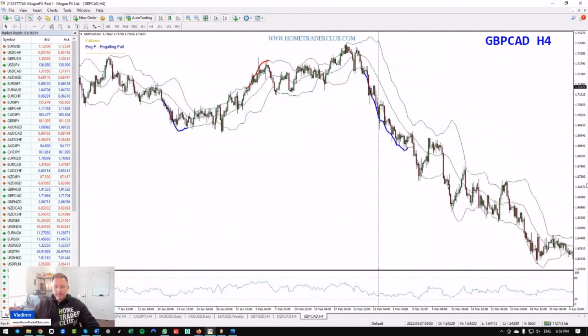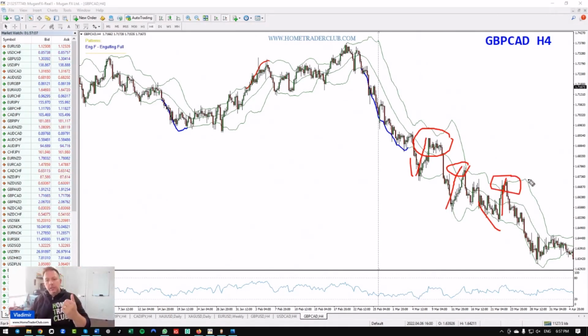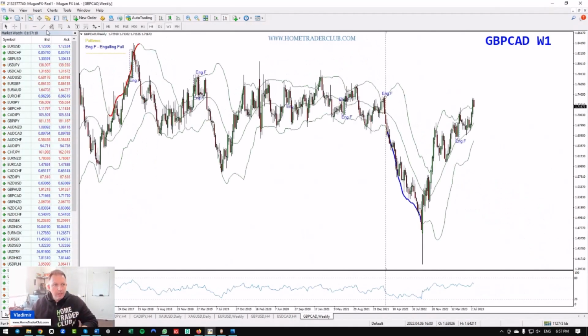From this moment, any retraces we get to the opposite band, like in that case close to the opposite band, here to the opposite band, and here, we can start looking for ways to go and ride with the weekly trend. Once again, let me be very clear here.